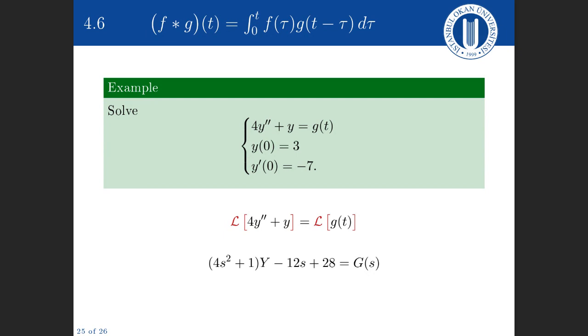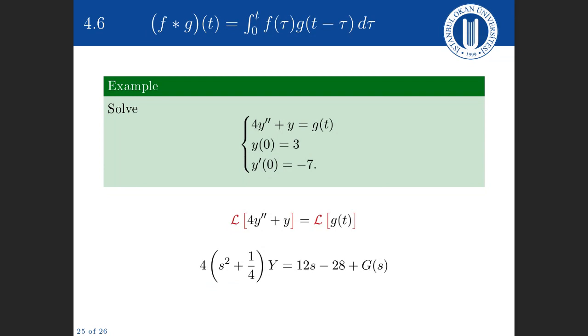And then the minus 12s plus 28, we can move over to the right side. I want to take a factor of 4 out of this bracket. And then I want to divide both sides by 4 multiplied by s squared plus a quarter.